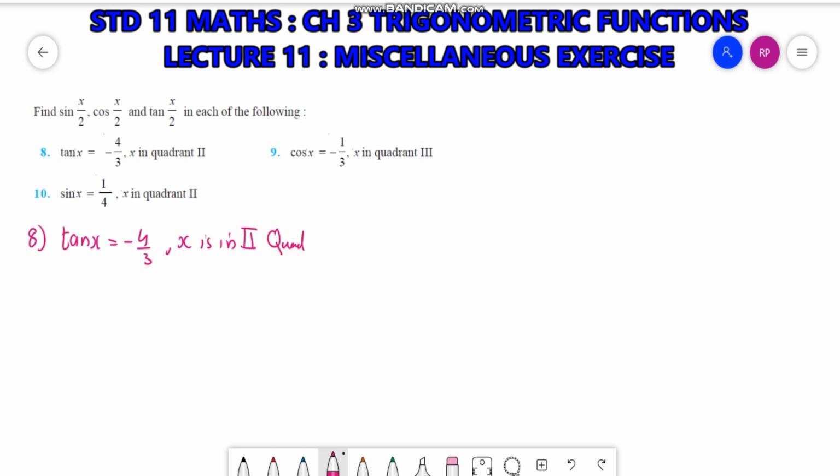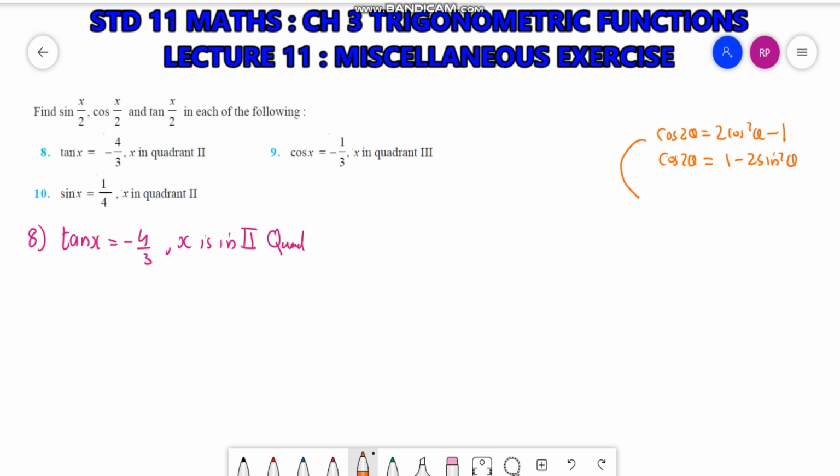Okay, so now see here what I need to find out. First I will find out cos x by 2. For that I require cos x. Clear? Because I can use the formula cos 2 theta equal to 2 cos square theta minus 1, or cos 2 theta is equal to 1 minus 2 sin square theta.